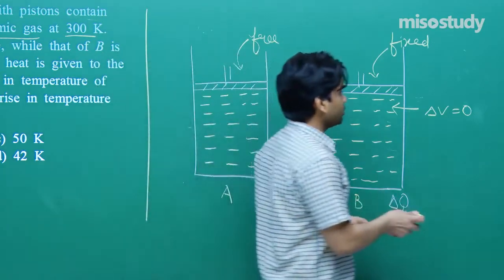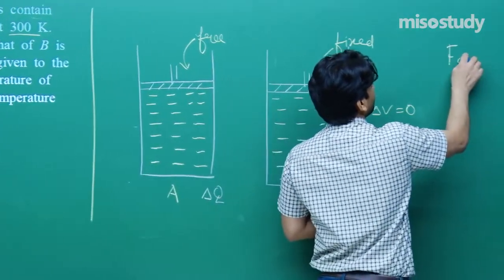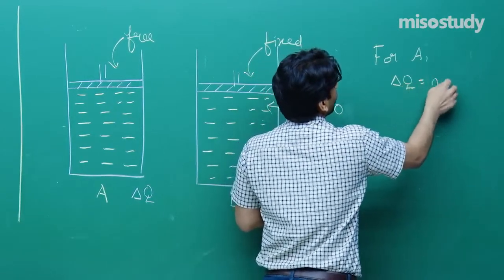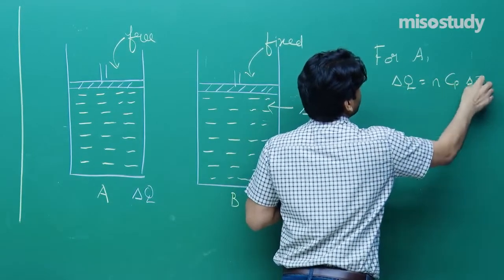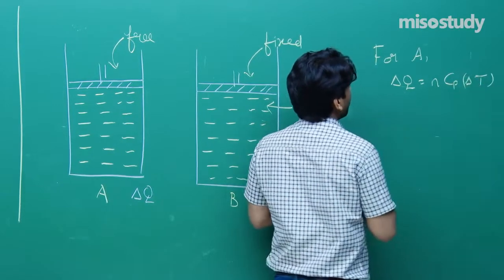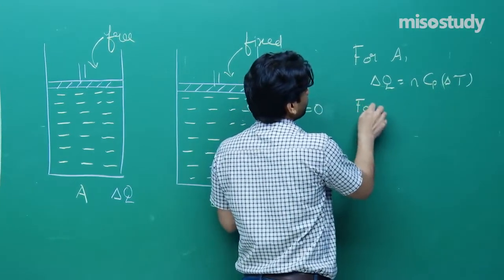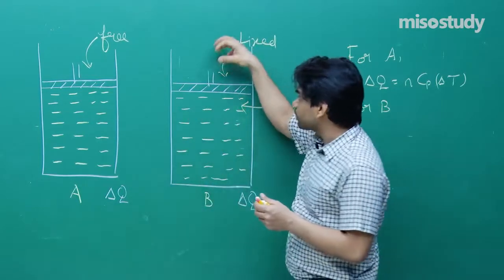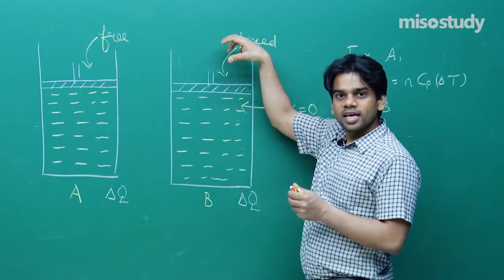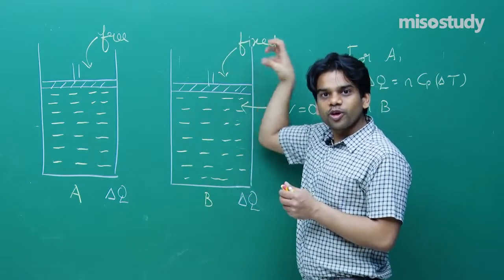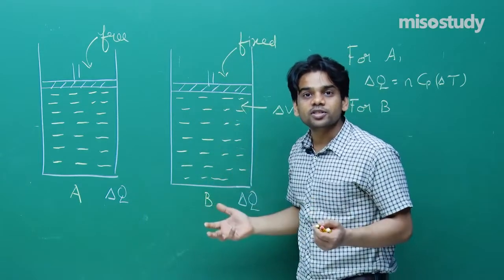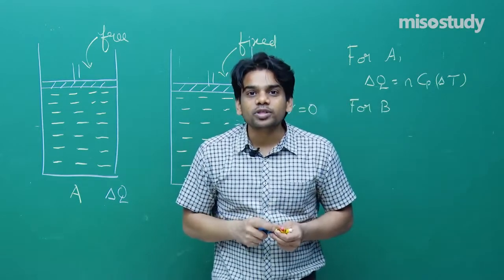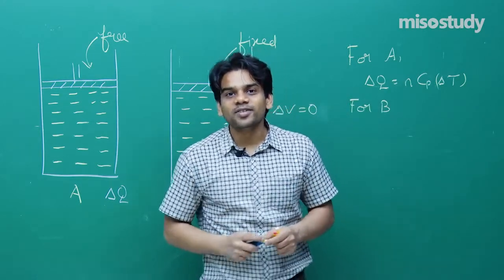So for A, delta Q will be equal to N Cp delta T. And for B, you are giving the same amount of heat energy, but you have held the piston at a fixed position. It's not moving up and down. If it's fixed, delta V is 0, that means constant volume, so you have to use delta Q equal to N Cv delta T.